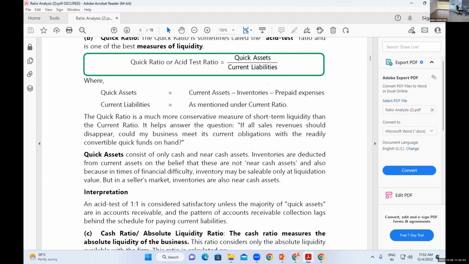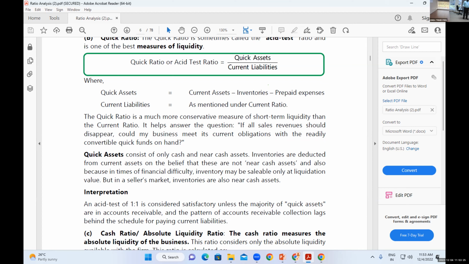The second component of the liquidity ratio is the quick ratio or acid test ratio. It is a little more stringent measurement of liquidity. The first one is a little broader measurement. We include all the current assets and all the current liabilities. But here, the current assets exclude two things: inventories and prepaid expenses. You are not including the inventory amount and prepaid expense amount from the balance sheet's current assets.